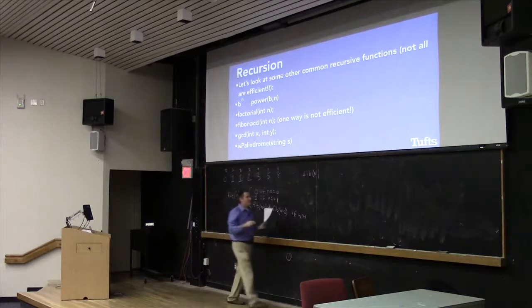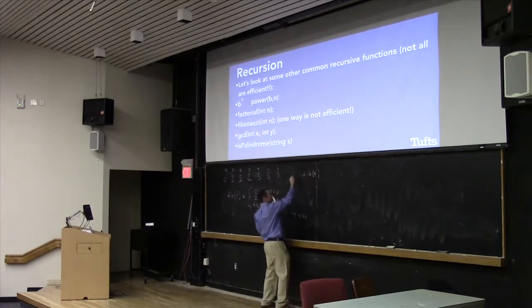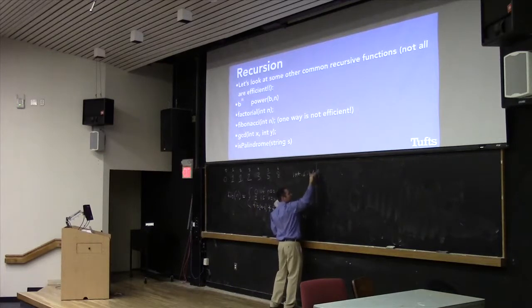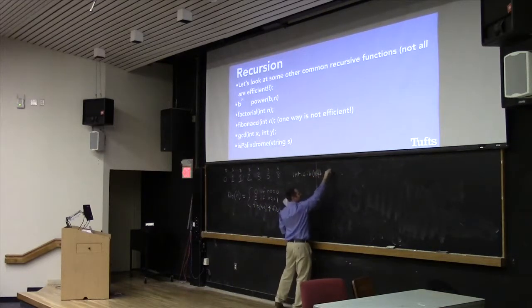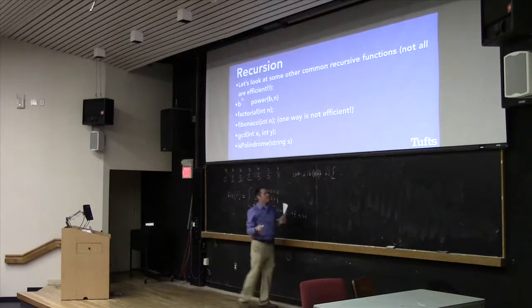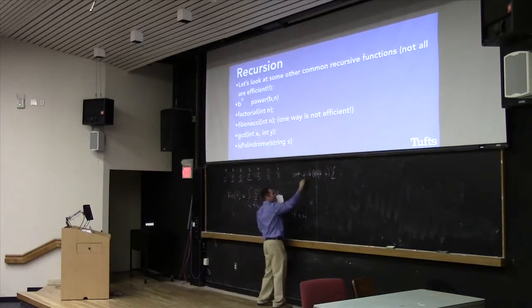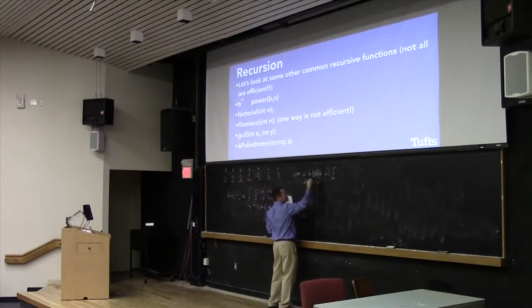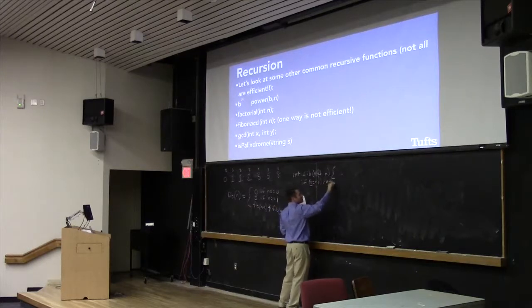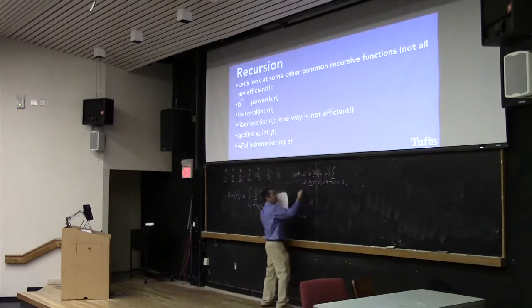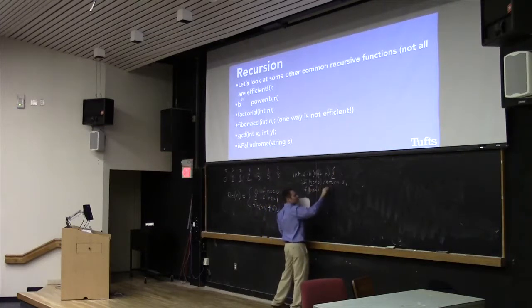So Fibonacci number of n, right? And we're going to return, let's say it's an int, so int n. If n equals 0, return 0. If n equals 1, return 1.